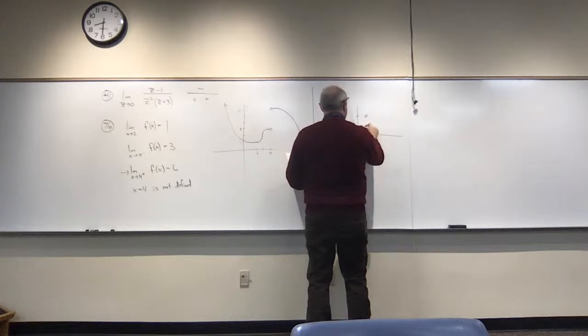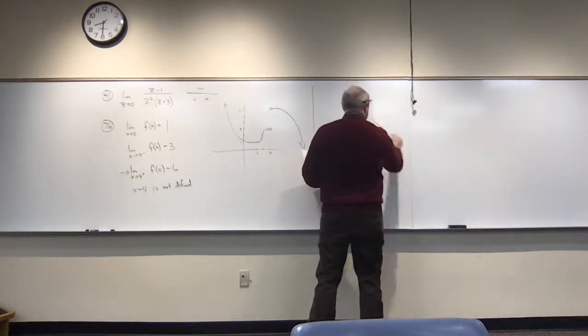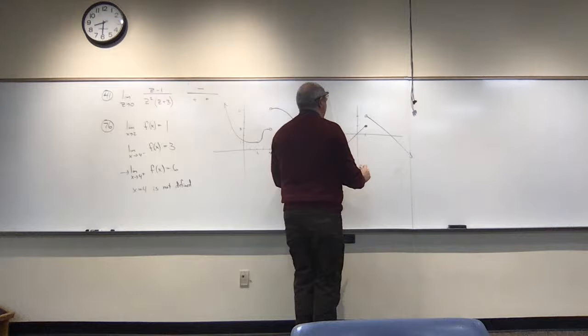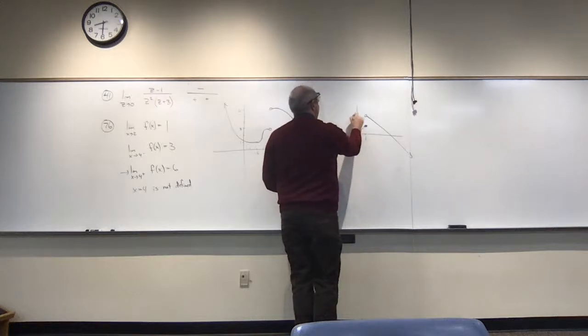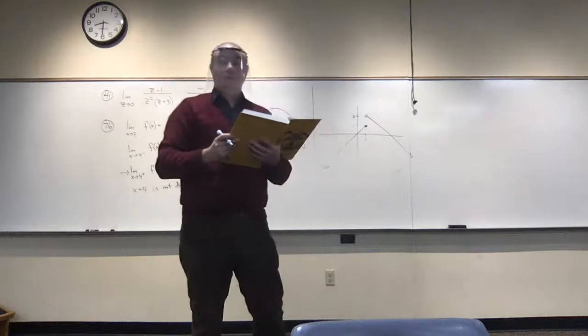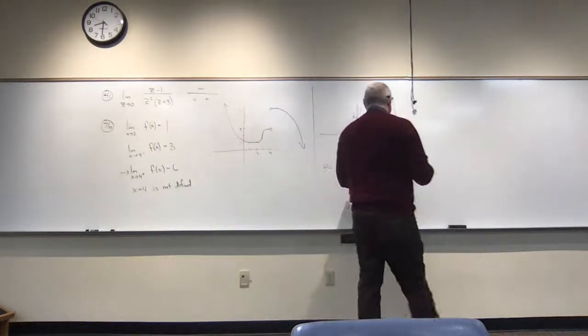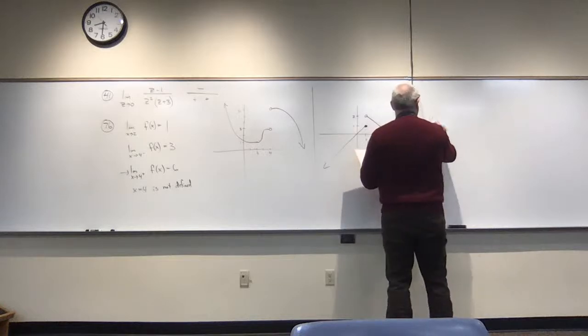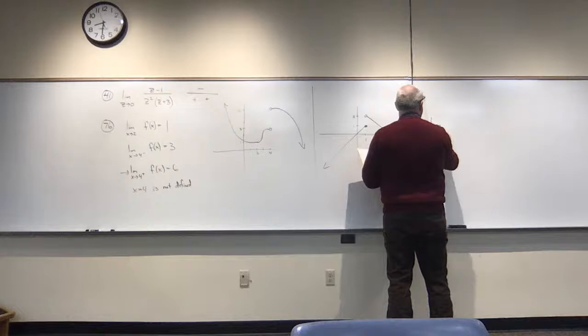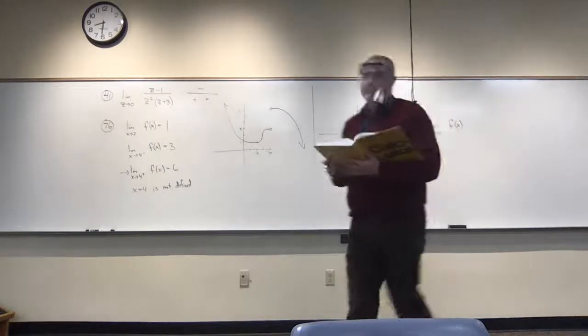So that's filled in. Go this way. This goes this way. Okay. All right. And then you said 51? 52. Okay. So then they're just asking, what is the limit as x goes to 1 of f of x?